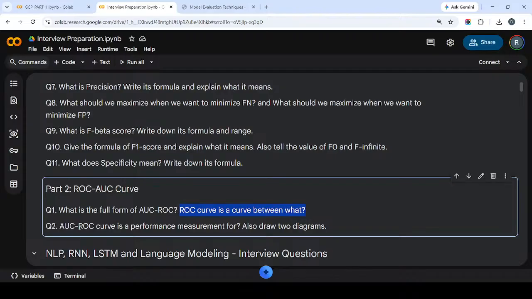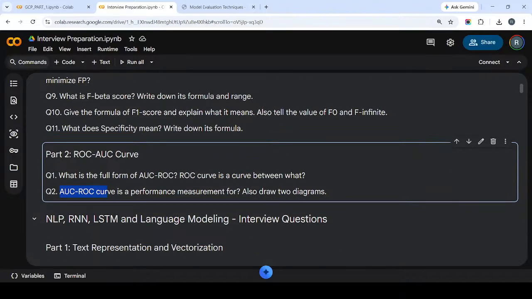Next question is that the AUC ROC curve is the performance measurement for, and also draw two diagrams. One diagram I have drawn, the second I will show you in the PDF. So AUC ROC is the performance measurement for the classification problem at various threshold settings.